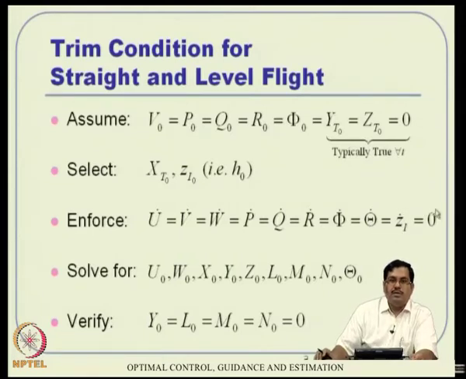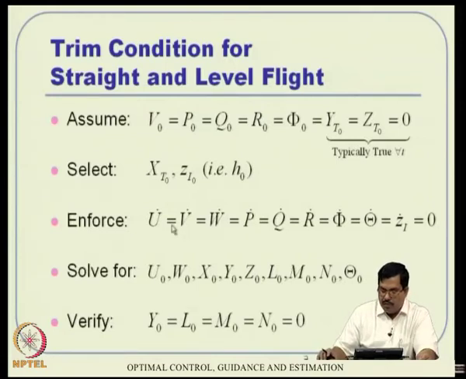If I force all these quantities to 0, this gives me various free variables; out of these I know some, and I have to find the others. Remember, this is just one way of finding the trim condition; there are other ways also. Essentially you make sure all these rates of change are 0, and then you solve for that.